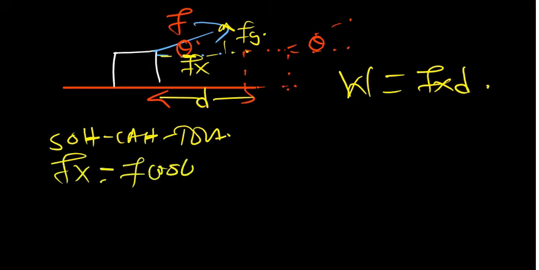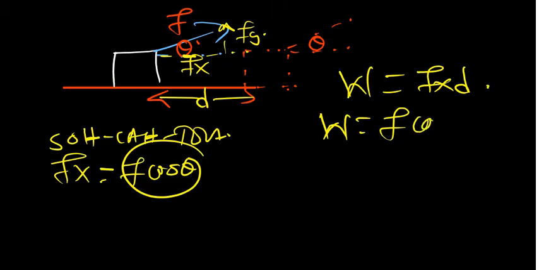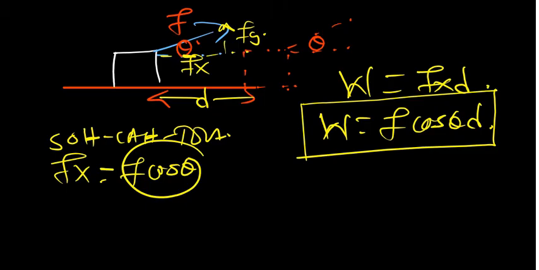So where there is Fx, I'm going to replace it with F cos theta. So my work here is going to be F cos theta times the displacement. In short, this is the general formula for work in all the cases.